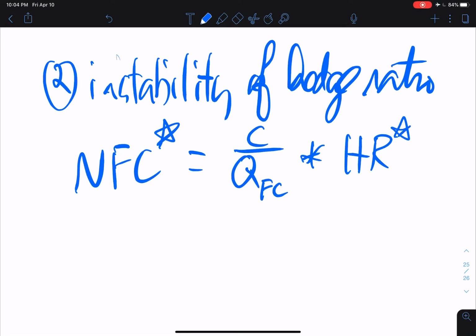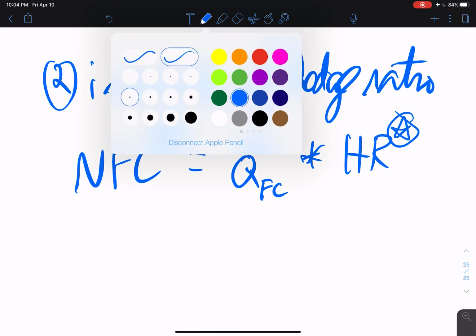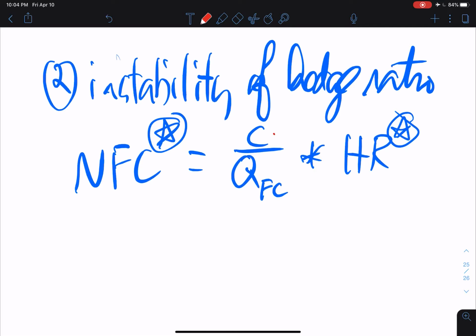So the optimal hedge ratio here gives us the optimal number of futures contracts to take a position in to hedge. So again, just to make sure you're up on this, this value right here is the size of the cash position. This value right here is the standardized size of the futures contract.